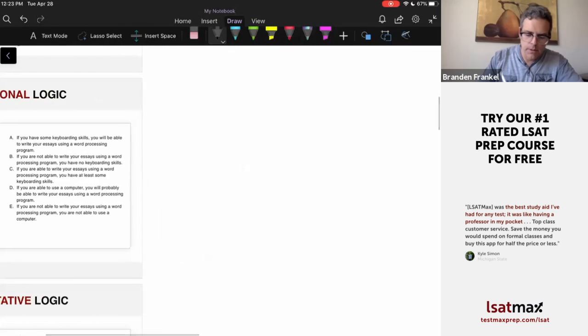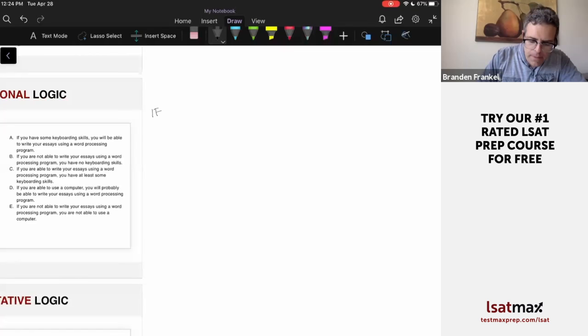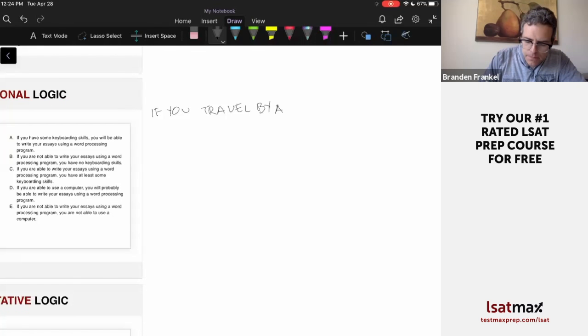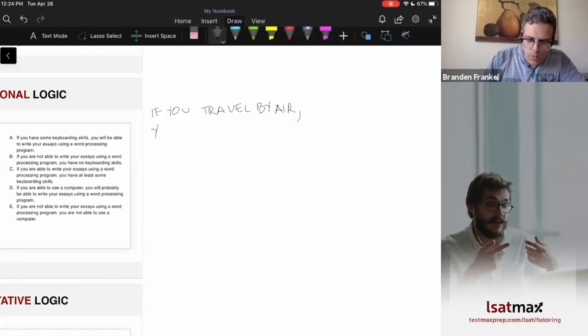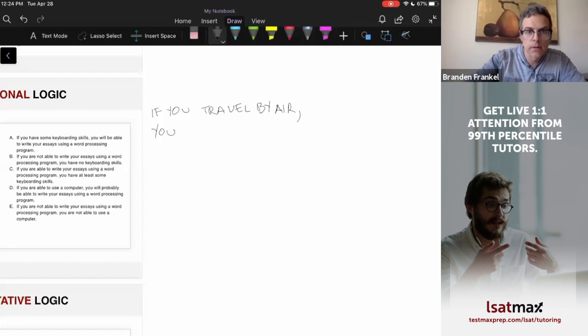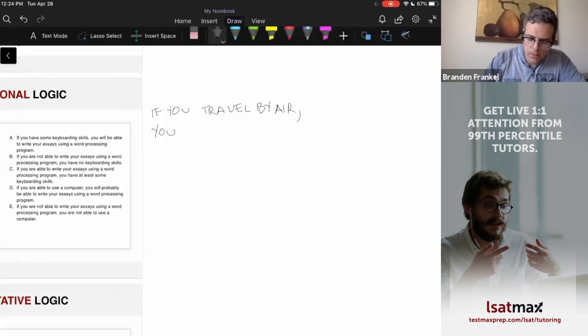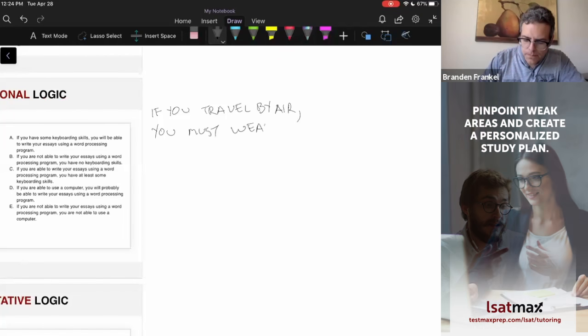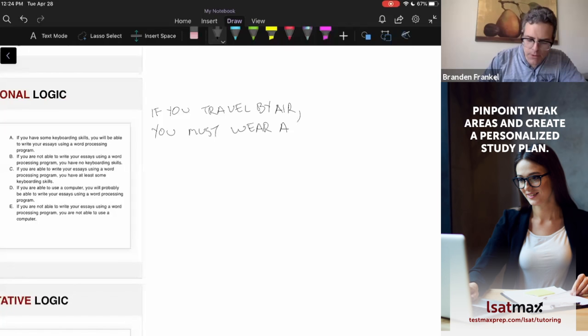Let's put it over here. If you travel by air, you must wear a seatbelt. This is a true statement.